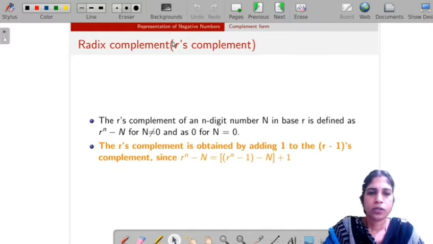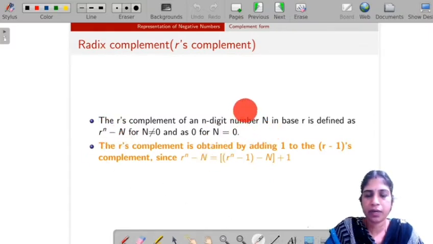The R's complement or radix complement of an n-digit number N in base R is defined as R raised to n minus N. That means we have a number N whose base is R and which has n digits.